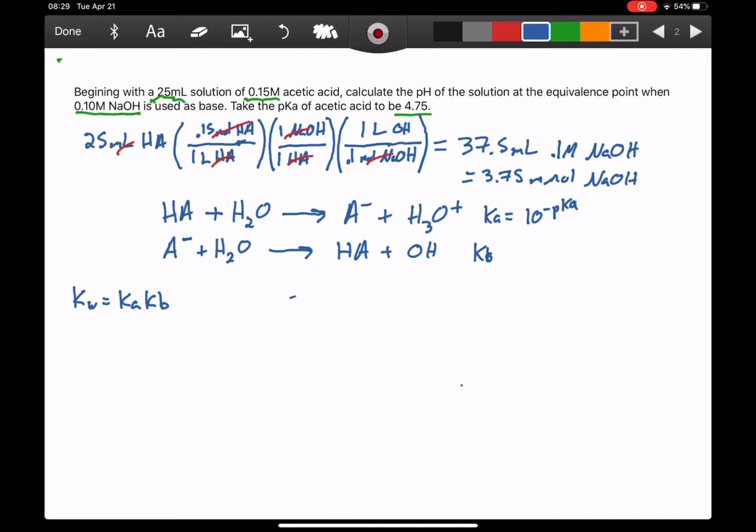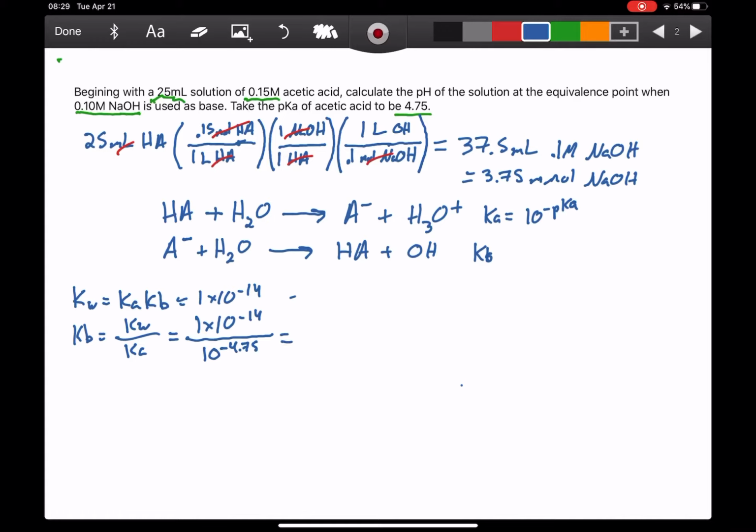It's the water ionization constant, and it is equal to 1 times 10 to the negative 14th. So these are equal to 1 times 10 to the negative 14th when they're multiplied by each other. So if we wanted to solve for Kb here, we could just divide Kw by Ka. So if we solve for Kb, we find that Kb is equal to Kw over Ka, which is equal to 1 times 10 to the negative 14th. And Ka is going to be 10 to the opposite of pKa, which is 4.75.